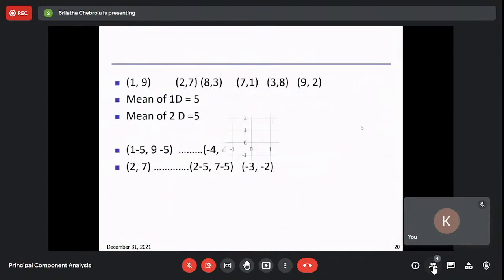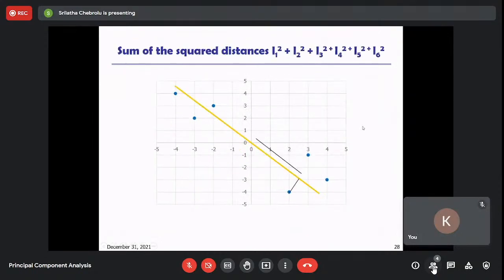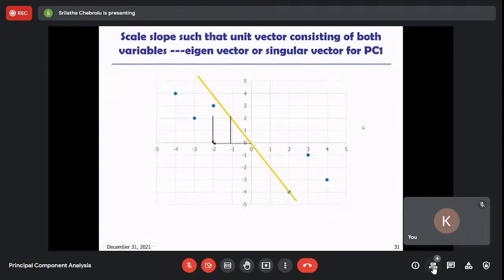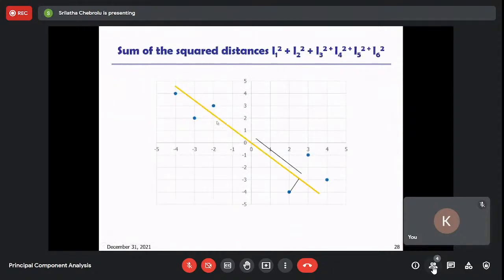In that example, we got the vector 1 by square root of 5 comma 2 by square root of 5. If we multiply the transpose of this vector with the vector itself, you will get a unit vector.